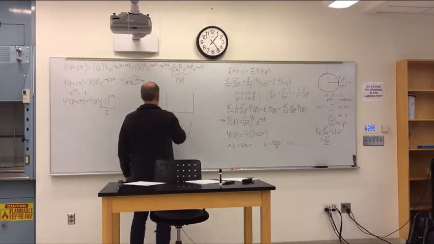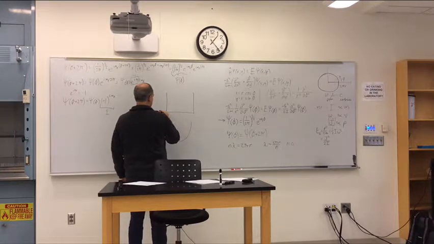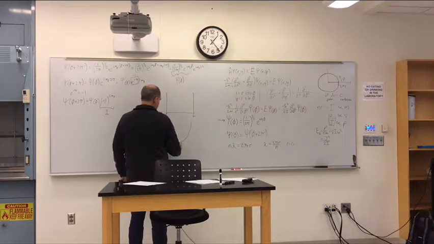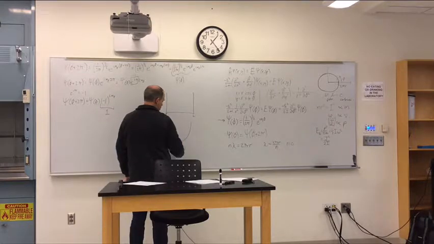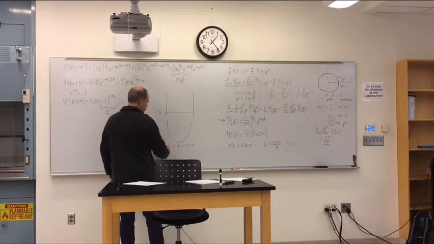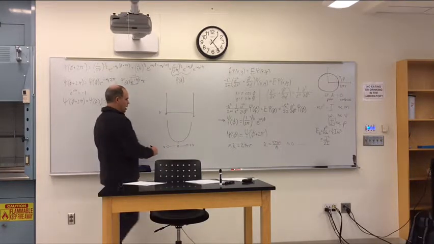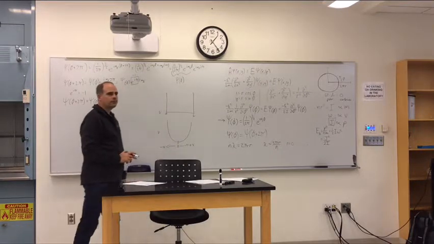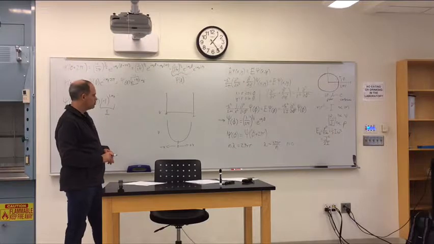Here, from 0 to L, your potential is 0. In this one, this is 0, that's the positive x direction, and there is the negative x direction, and this is a graph of your potential. So you would have to say psi of negative x equals psi of x. That's a condition. It has to be the same.